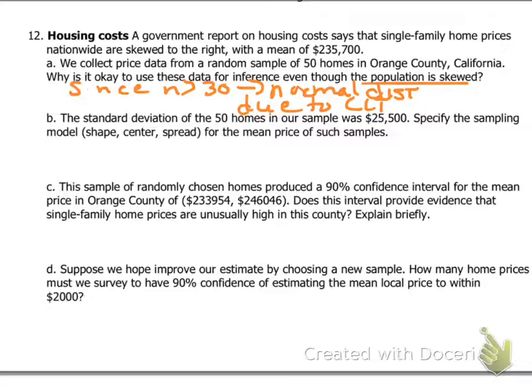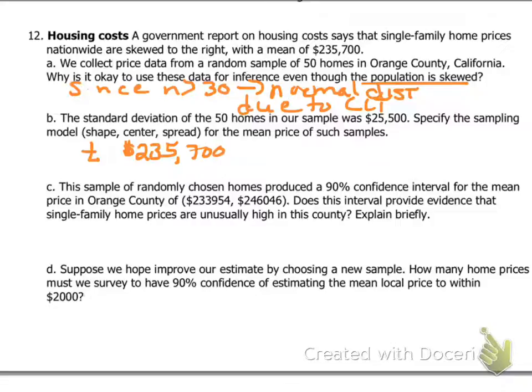Okay, so the standard deviation of our 50 homes in a sample is 25,500. Specify the sampling shape. The shape of it is the t distribution. The mean they told us was $235,700, and the spread.